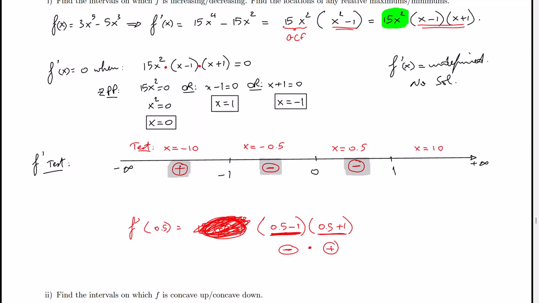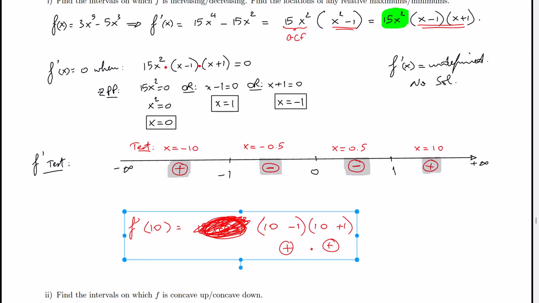And finally, for 10, if I plug 10 into all the x's in the first derivative, I'll get 9 multiplied by 11. They're both positive, and when you multiply two positive numbers, the result is still positive. And so that last interval is yet again positive.